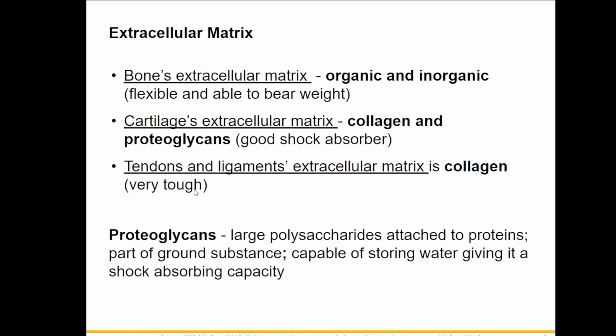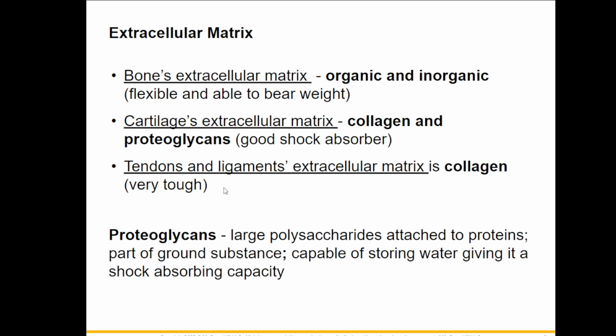So we don't easily have our bones removed from one another or one muscle removed from the bone because that connection is very, very strong. So, we are already familiar with organic and inorganic compounds and even with collagen.